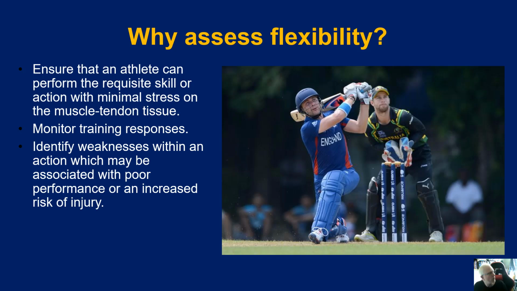However, what we do know is that if you've got excessively poor flexibility, then you are more likely to be injured. If you've just got poor flexibility, it's not considered to be a major contributor to injury. But if you've got very poor flexibility in, say, the hamstrings or the quads, you are more likely to get injury because you're putting more stress, as bullet point 1 states here, on the muscle tendon apparatus.